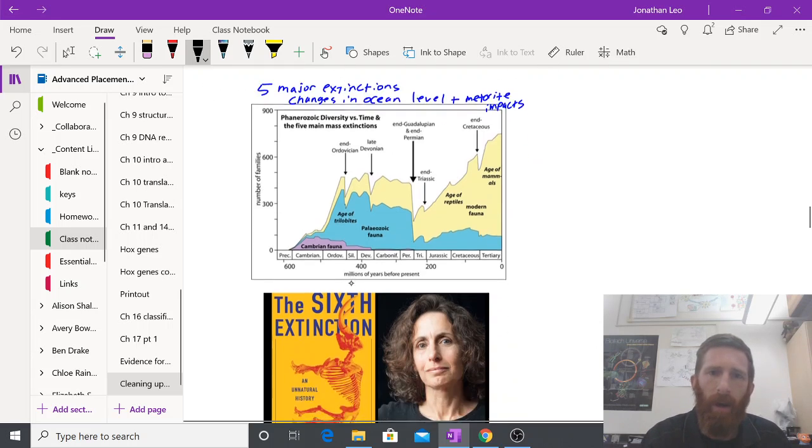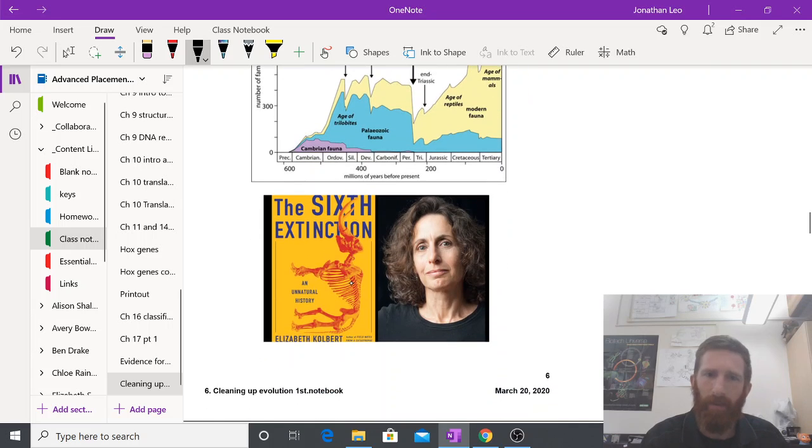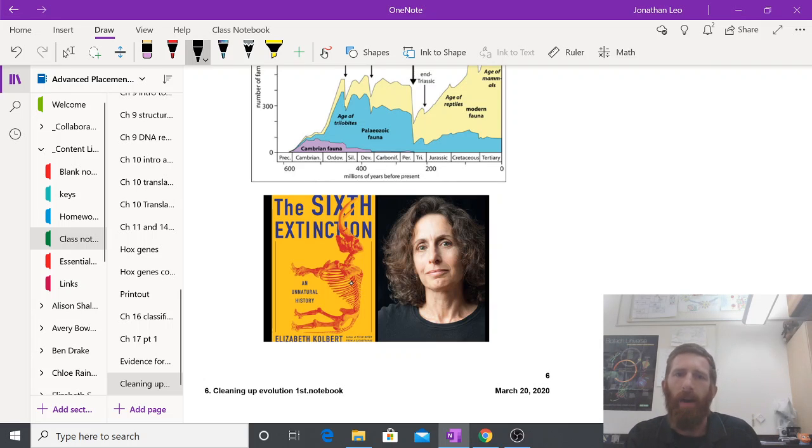And then the idea is, and I haven't read this book myself, but it's on my list, I need to go read it, that humans ourselves are causing the 6th extinction, which is different, right? Because all the other extinctions were caused by non-human factors or non-animal factors. But now we have one animal that is dictating the course of life on Earth for everything else.